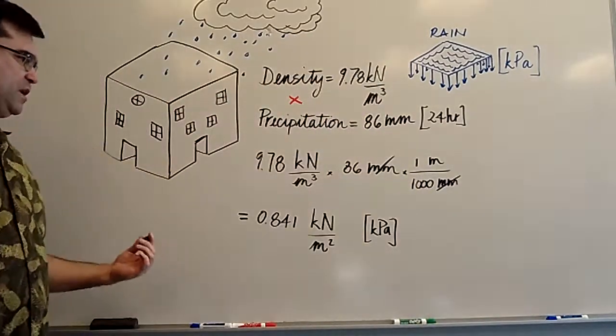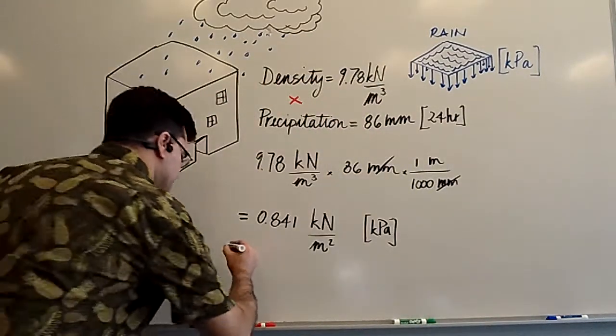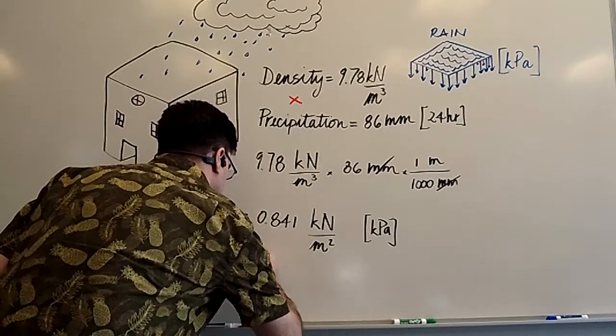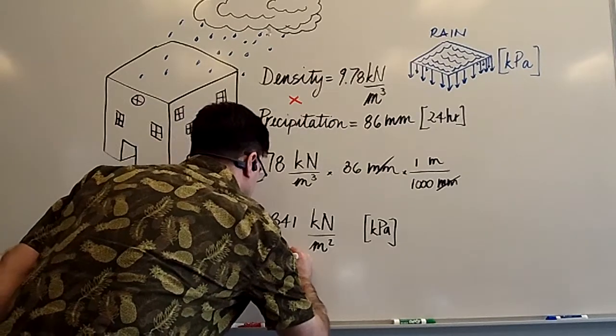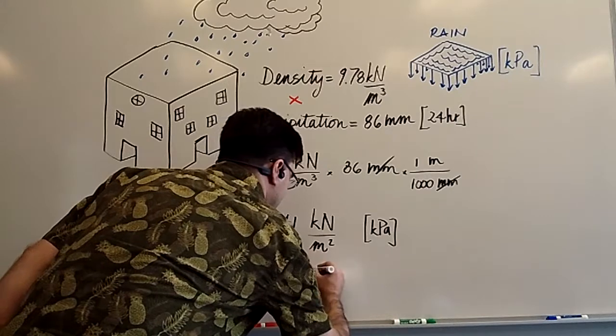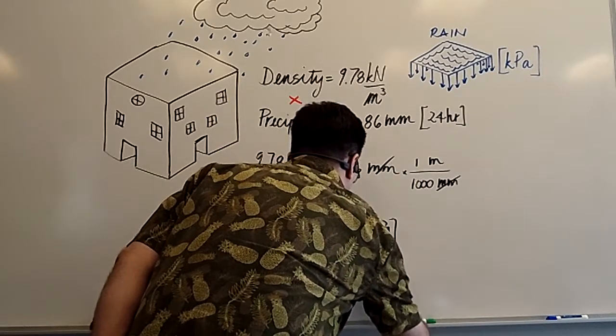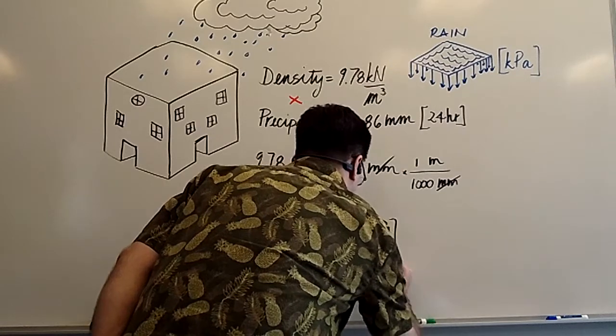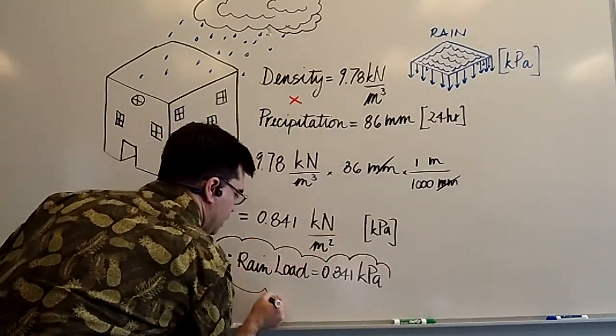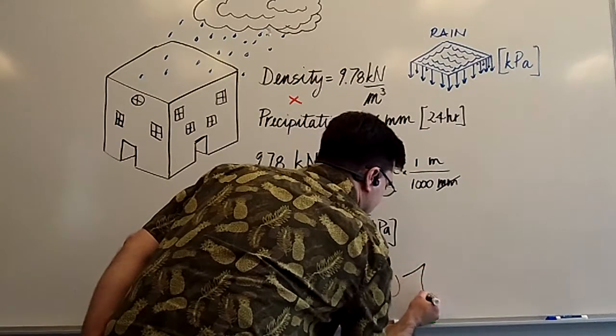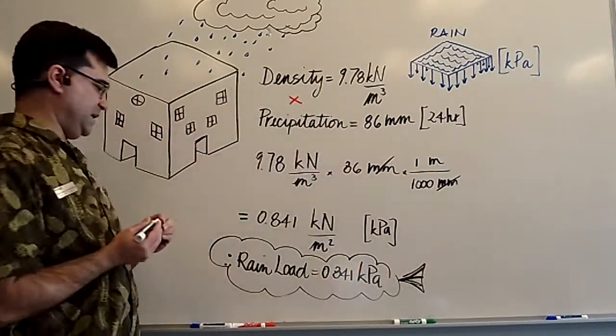Right? So then I'm just going to make this obvious and unmistakable. Therefore, rain load, according to this very simplified method, is 0.841 kPa. And I make this obvious and unmistakable, just like that.